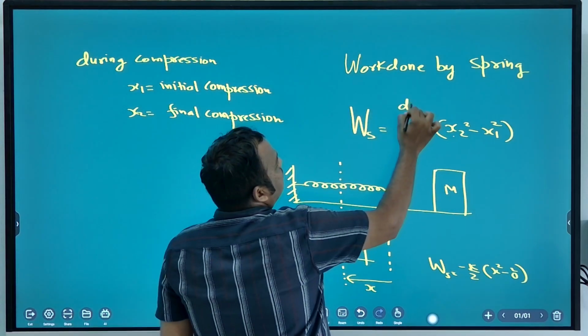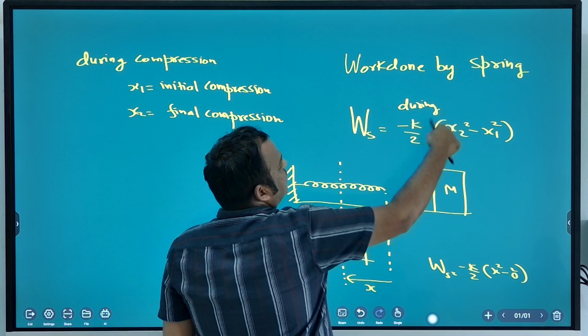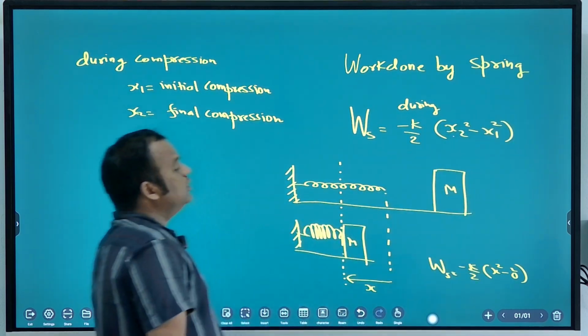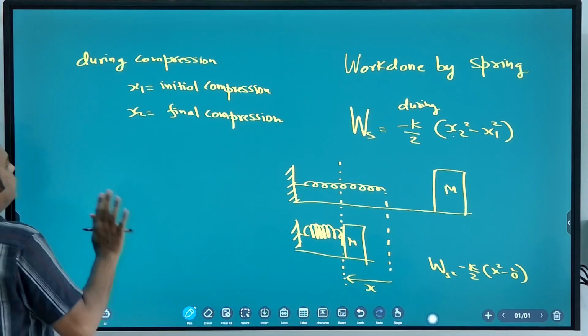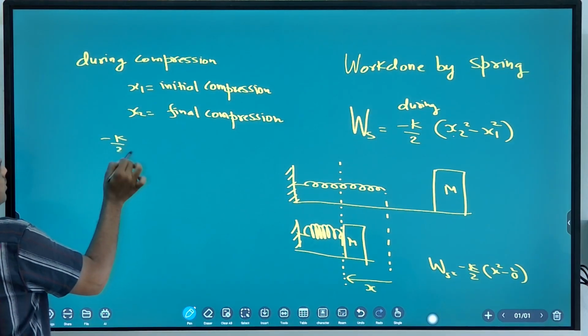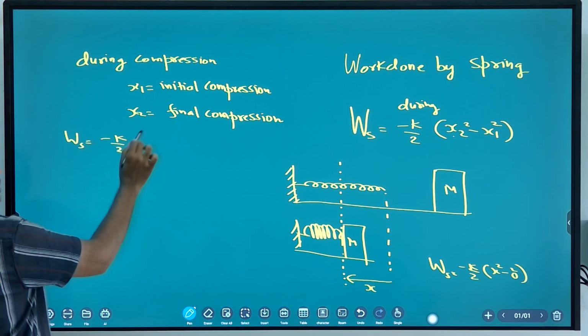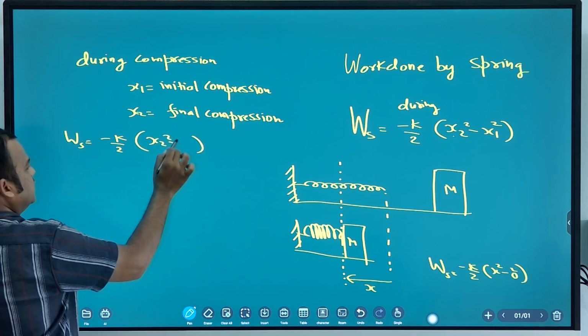During elongation, what is the formula? Minus k by 2 x2 square minus x1 square. So during compression also same formula, okay? So work done by spring is equal to minus k by 2 x2 square minus x1 square.